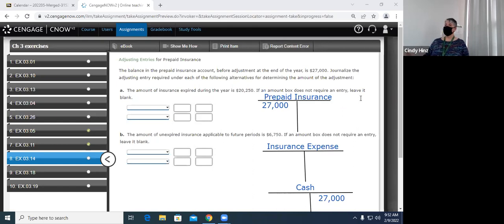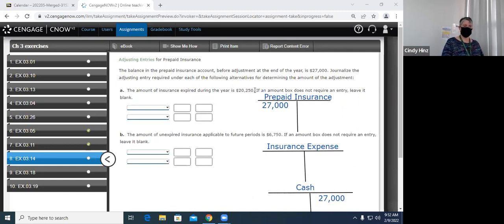It's expired, it's lapsed. So it might be that we have a 6-month policy and 5 of the 6 months have passed. So we should have reported or need to report 5/6 of that cost and keep 1 month still on our balance sheet because that's for next month.